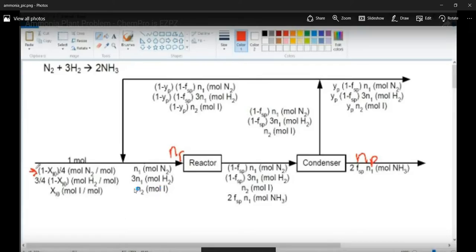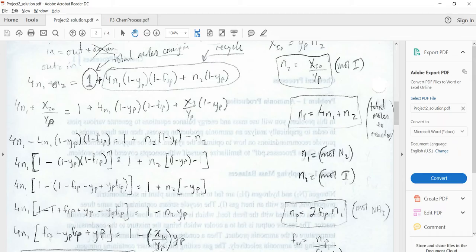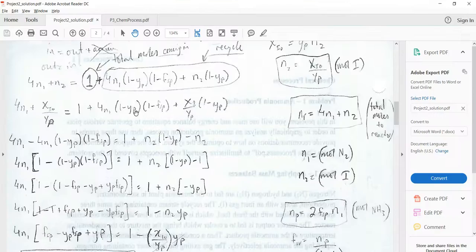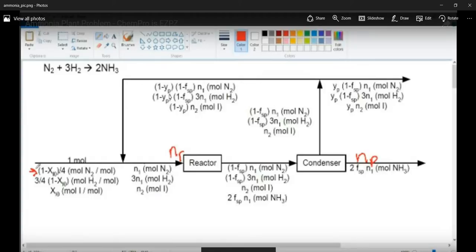As you can see over here, 3 N1s plus 1 N1 equals 4 N1s plus N2. So 4 N1 plus N2. 1 is the total number of moles coming in, which is right here. And then this is a recycled stream, which is based off of here. So you can add these two together, you get 4N1, and then this is N2.